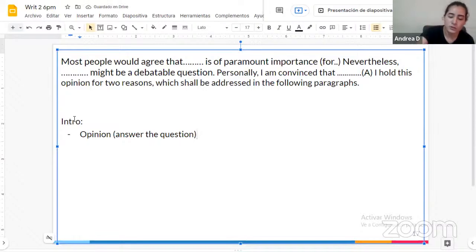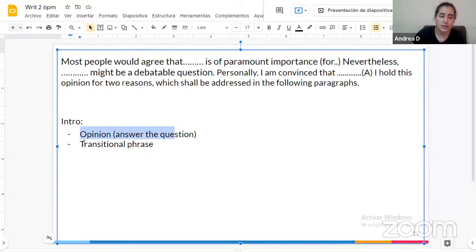And it should also have a transitional phrase. These are the 2 very basic things that you need to make sure your intro has. Your opinion, which is your answer to the question, and this transitional phrase, which is something like, I will explain why in this essay. Those are the 2 basic elements.